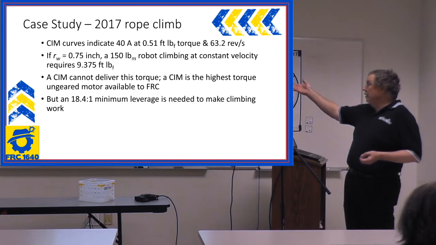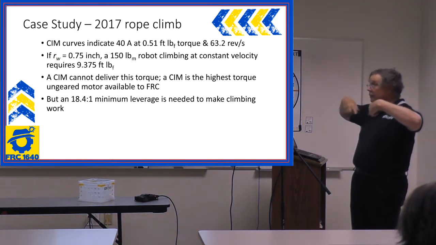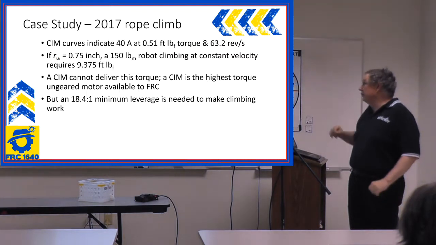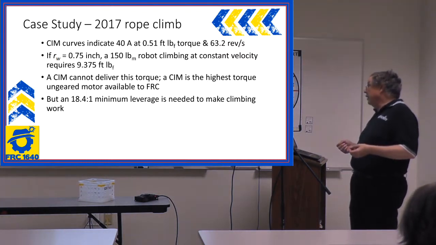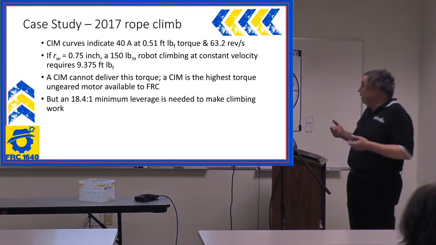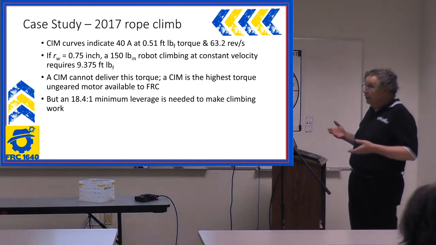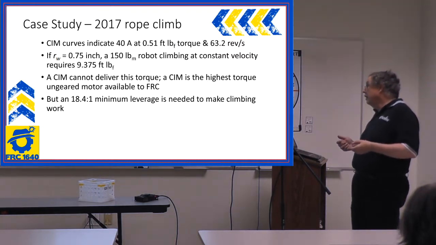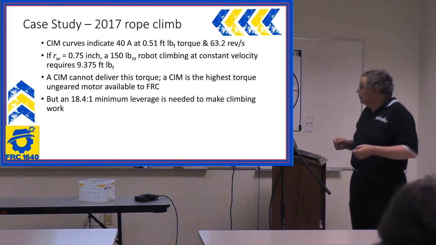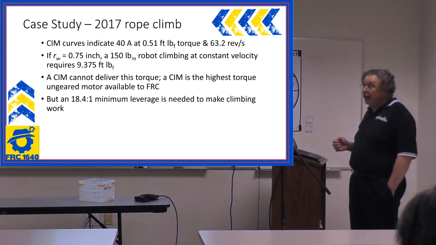On the other hand, if I've got a 1.5-inch rope diameter, so 0.75 inch rope radius, with a 150-pound robot climbing at a constant velocity, not even including acceleration, just climbing at a constant velocity, that requires a torque of about 9.4 foot-pounds.